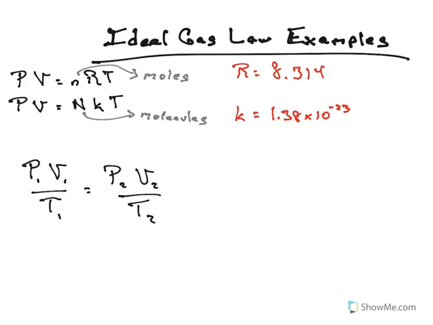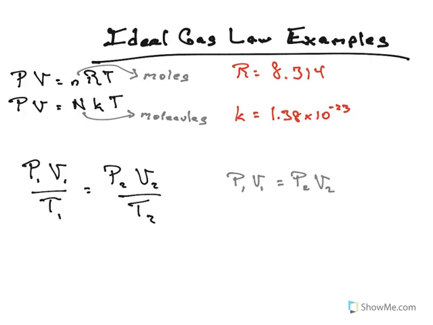This is the main one, and you can get the other ones just by holding things constant. For instance, we have P1 V1 equals P2 V2. This is exactly the same as the other, except where T1 and T2 are the same number. That is, you don't change the temperature. The temperature remains constant, then T1 is the same as T2, and they cancel out.